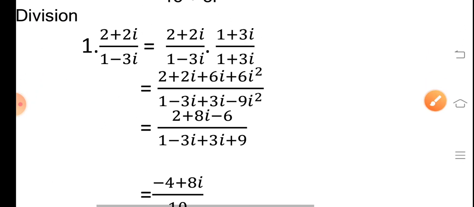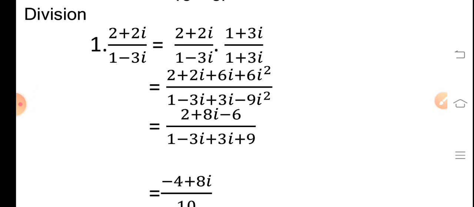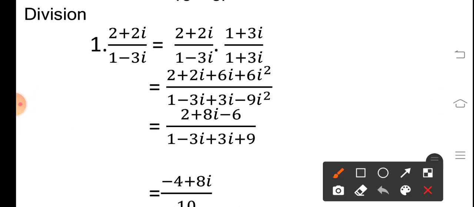Okay, division of complex numbers. Now if we have the given 2 plus 2i over 1 minus 3i, in simplifying or evaluating this, we just get the conjugate. So the conjugate of the denominator is 1 plus 3i over 1 plus 3i. You just multiply it.